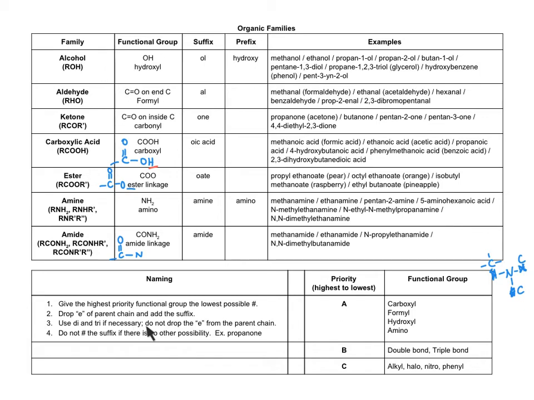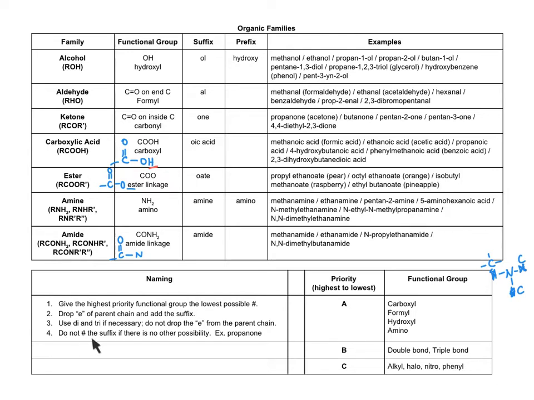So if we do have multiple functional groups, let's say OH, so hydroxyl groups in a molecule, then we don't drop the E from the parent chain. Otherwise, we do drop the E. So you're very commonly going to be dropping the E. Notice this, propan-2-ol, we drop the E. Butan-1-ol, instead of butane, we drop the E. So very commonly you do that.